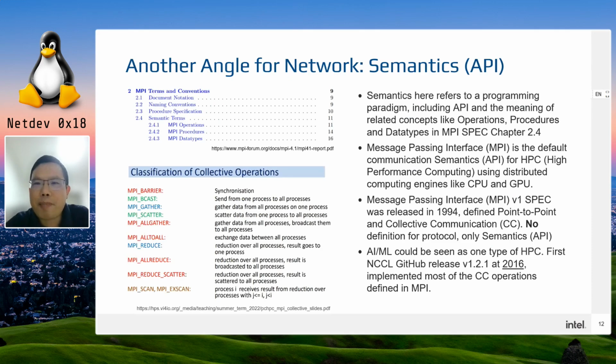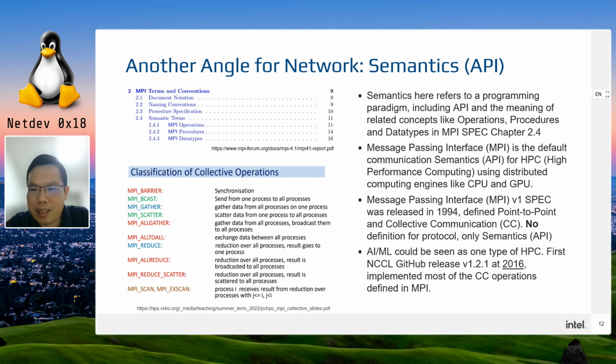When we talk about the semantic, we will use MPI as the example. MPI, the message passing interface, version 1 was released in 1994 and is the default communication for high performance computing.